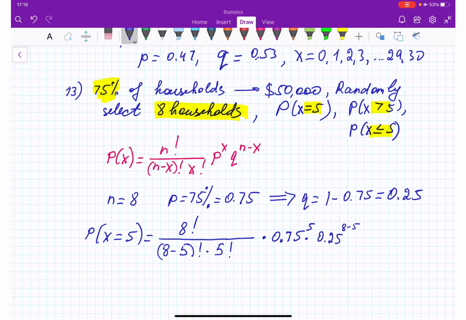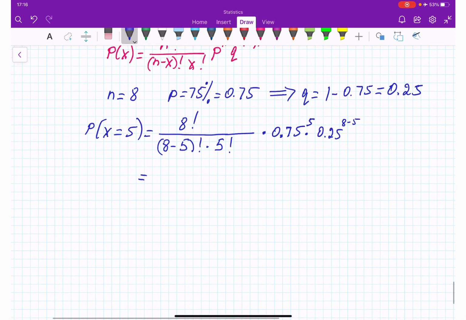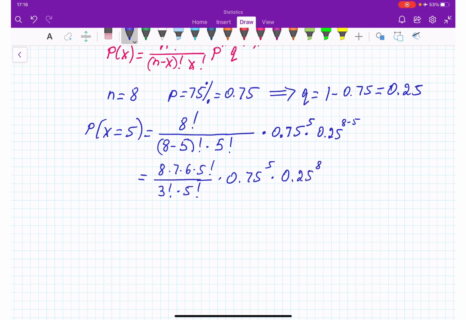Yes? All right. Let's see what we get. At the bottom, I'm going to have 8 minus 5, 3 factorial, and then 5 factorial. So 8 I'm going to open only till 5 factorial: 8 times 7 times 6 times 5 factorial, times 0.75 to power 5 times 0.25 to power 8 minus 5.